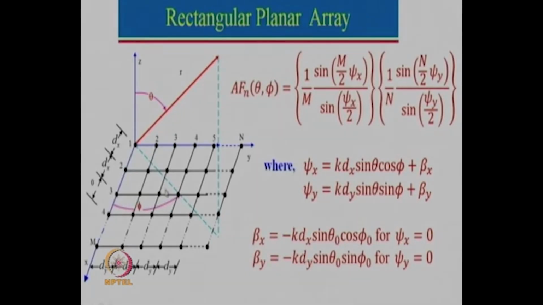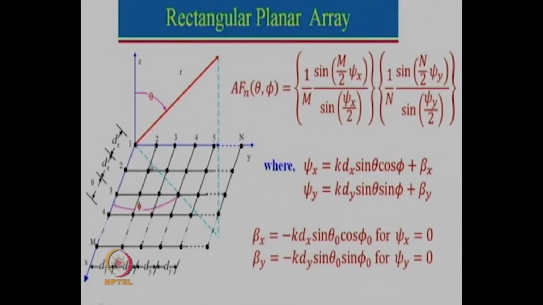And one another thing, let us say we start with the 0 here. So then this element here, element number 2 shown along the x axis, will be beta x, then this will be 2 beta x, this will be 3 beta x, and so on. Similarly, for elements along the y axis, the phase will be here beta y, then 2 beta y, then 3 beta y, and 4 beta y.